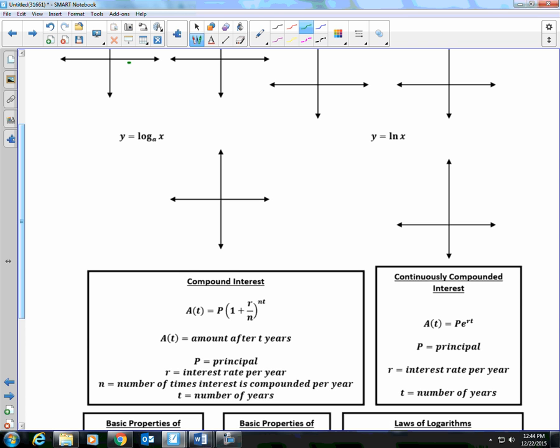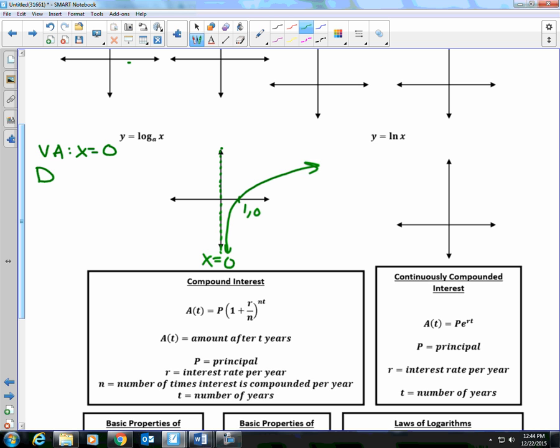As you saw before, the parent function of log base a of x has a vertical asymptote of x equals 0. It also passes through the point 1, 0. And it heads off like that. Therefore, the vertical asymptote is x equals 0.